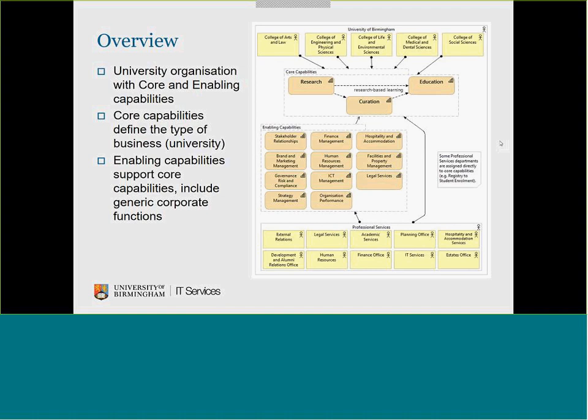And curation includes not just museums and libraries, but also information management, in the wider sense. And then you have the enabling capabilities, which are basically to keep the business right. The definition of the business is capabilities.